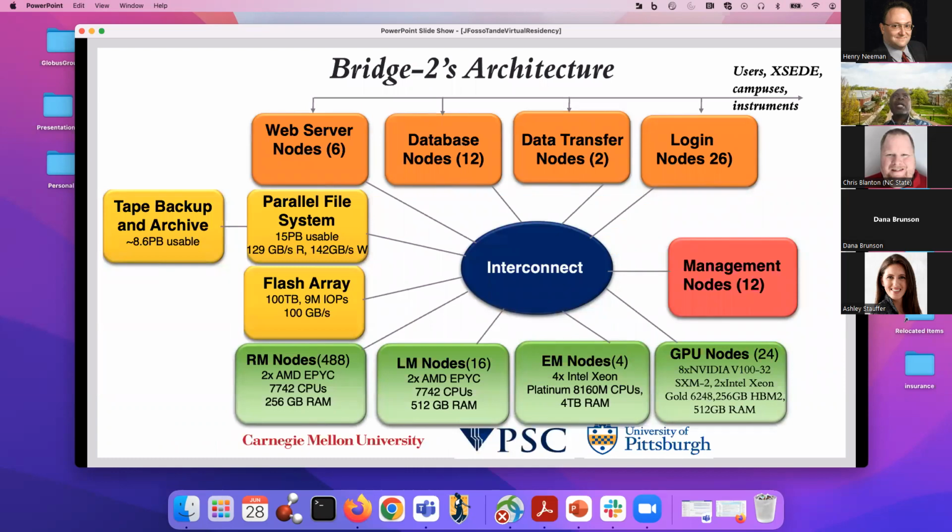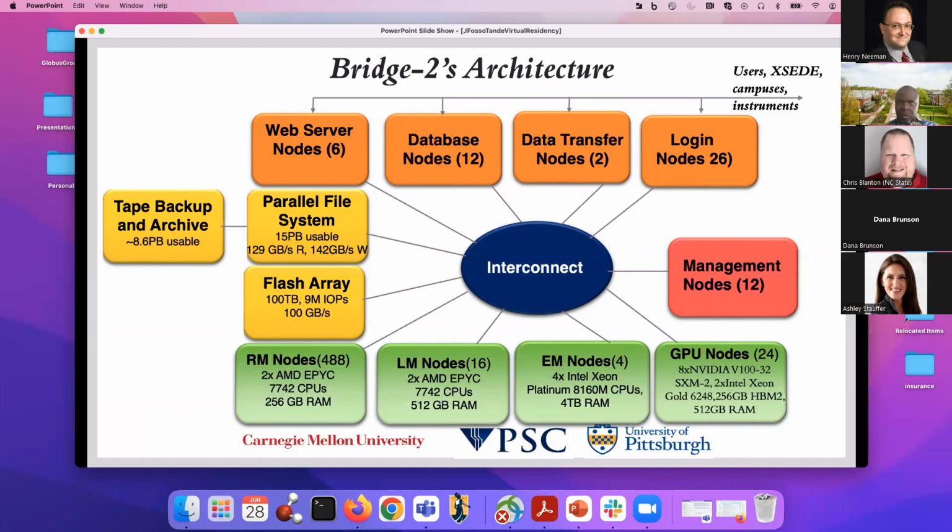So Bridges 2 architecture. You have the standard architecture with the interconnect, but what is noticeable here is the web server nodes. There are 6 of them. So you can have a web server on this node. You have a database node, 12 of them, data transfer nodes, 2 of them, login node, 26 of them. So those are the interfaces, how you get to Bridges 2. You have the file system and you have the management nodes. There are 12 of them.